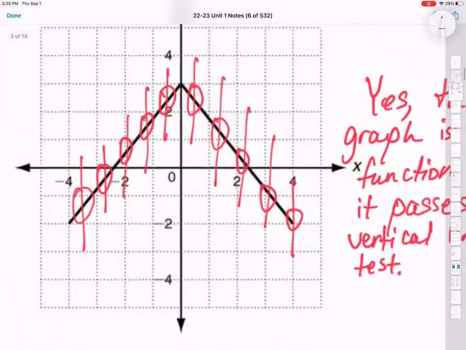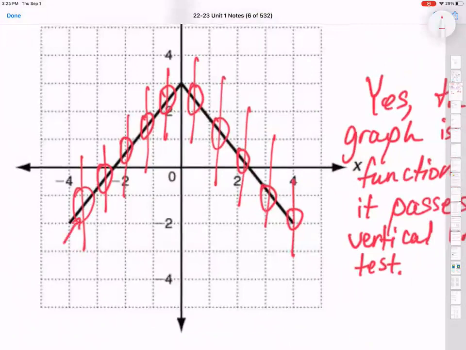Now, as we look at this one, notice it only crosses 1 time. Only one x value is corresponding to 1 y value. Same thing here, and here, and all throughout, you have their own inputs, their own x values. And so as a result, there are no repeating x values going to 2 different outputs.